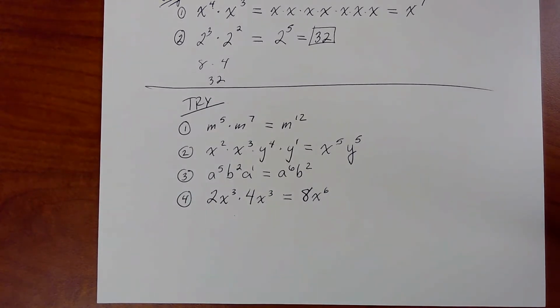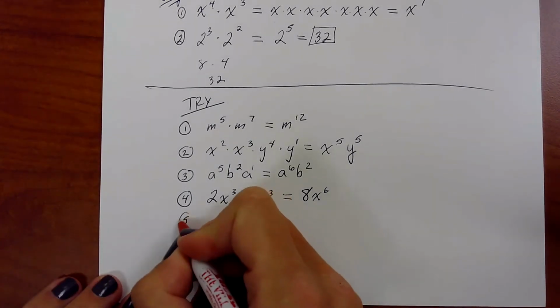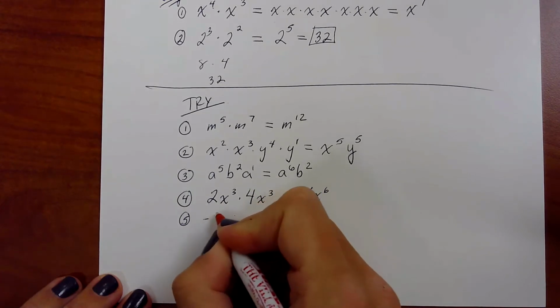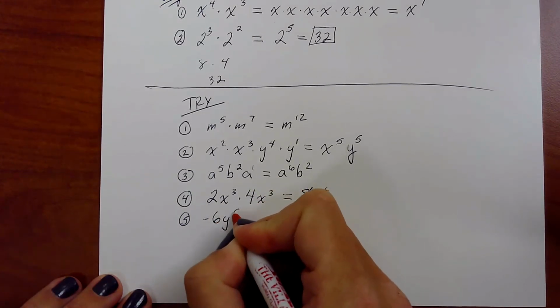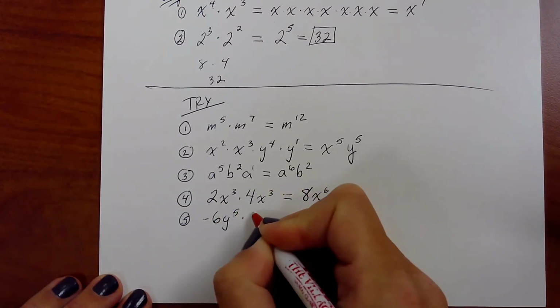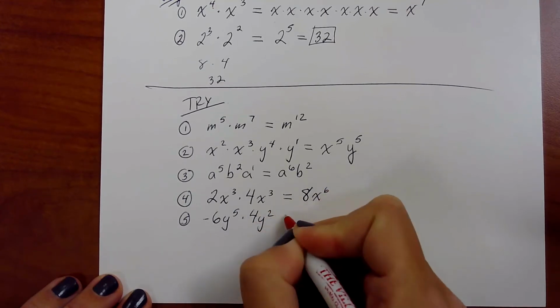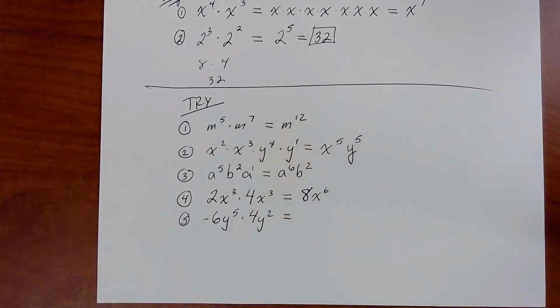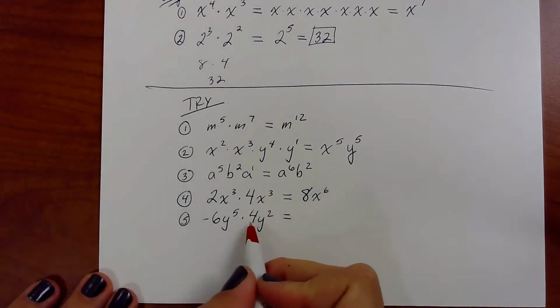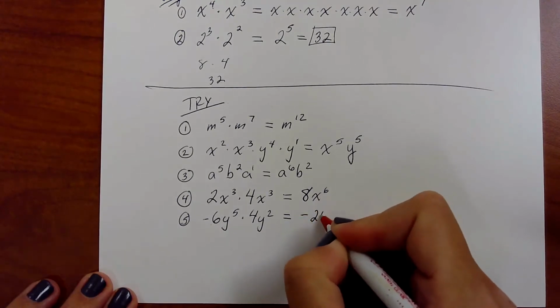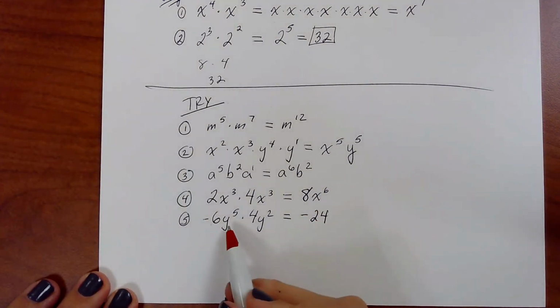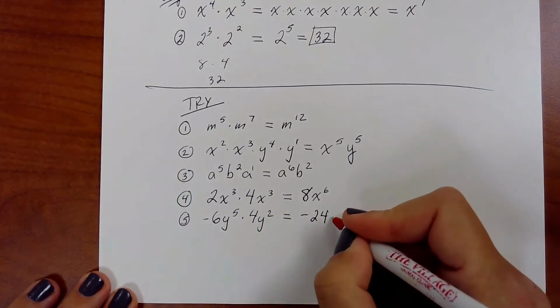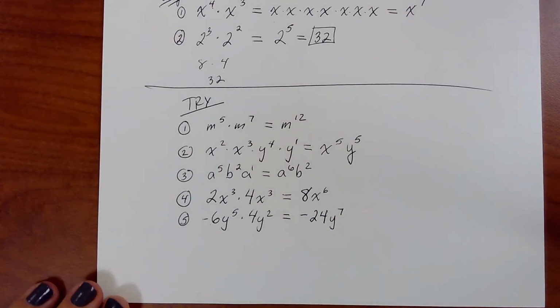So that's 8x to the 6th. All right, try this one. Negative 6y to the 5th times 4y to the 2nd. Careful. Negative 6 times 4 is negative 24. Y to the 5th times y to the 2nd is y to the 7th.